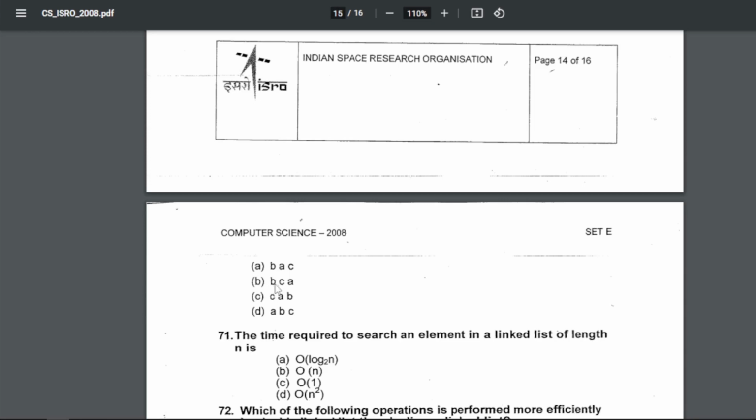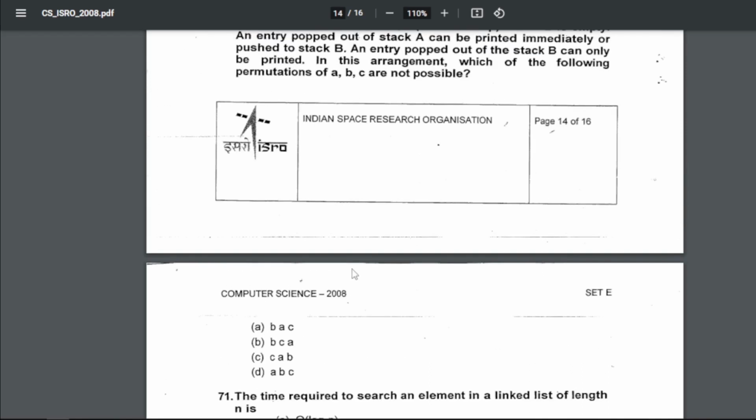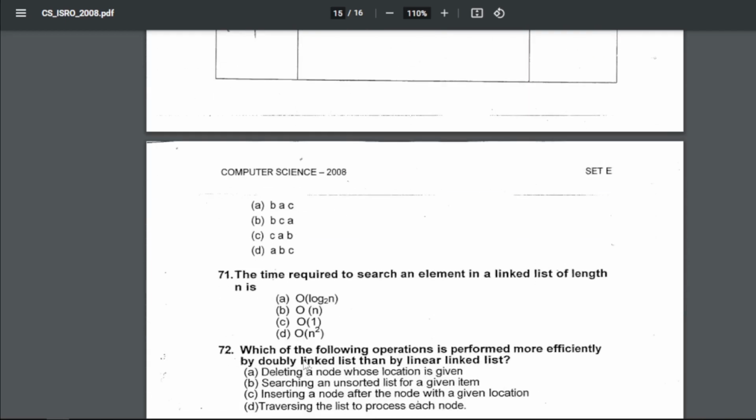Push A, push B, pop B, push C, pop C, and pop A. So B is correct. Push A, push B, push C, pop C. Now we cannot pop A, so C will be the answer, that this cannot be possible. And similarly D is also possible for that.